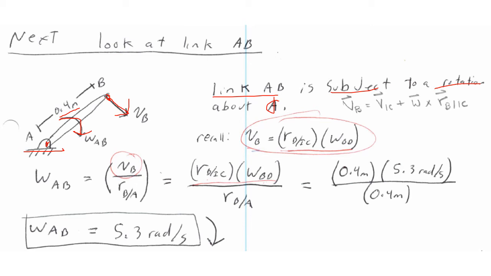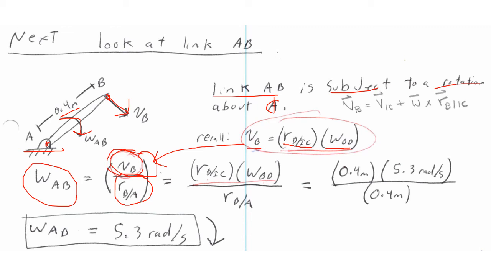So we can recall V is equal to omega R. So V sub B is equal to our omega BD times our R of B relative to our IC right there. So we can rearrange that in order to get our VB. And what we've done here is we take our omega AB is equal to this VB over our RA, from V is equal to omega R again as well, and we can plug this relationship for VB directly in right here.